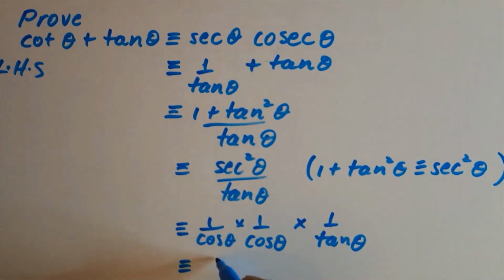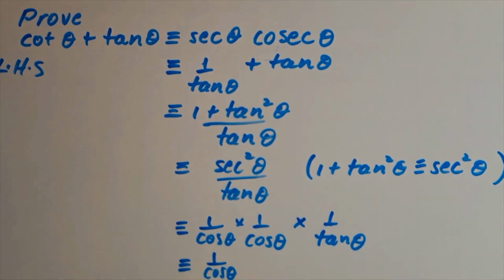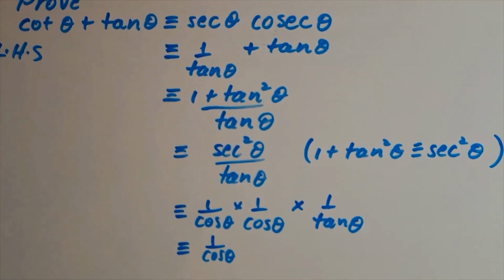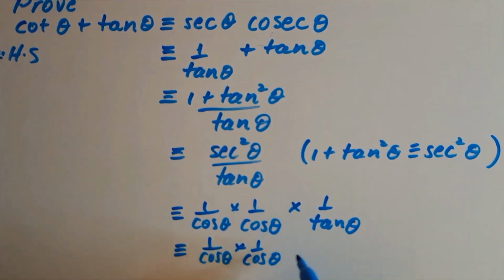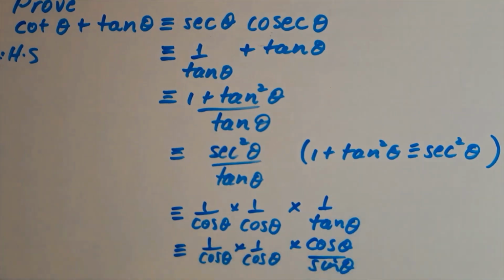We can also write that this is 1 over cosine theta times 1 over cosine theta times tan theta is sine theta over cosine theta. The reciprocal of that is cosine theta over sine theta, or cot theta.